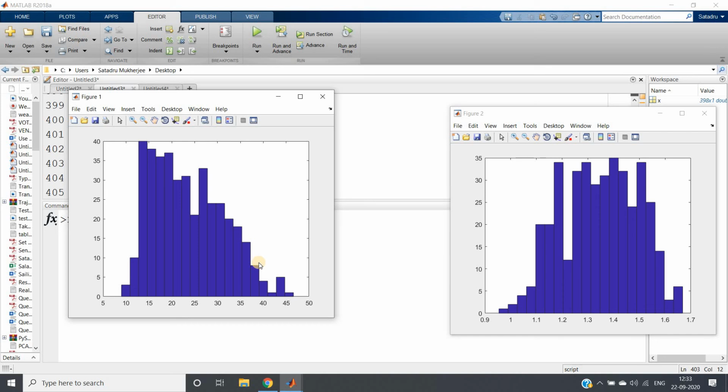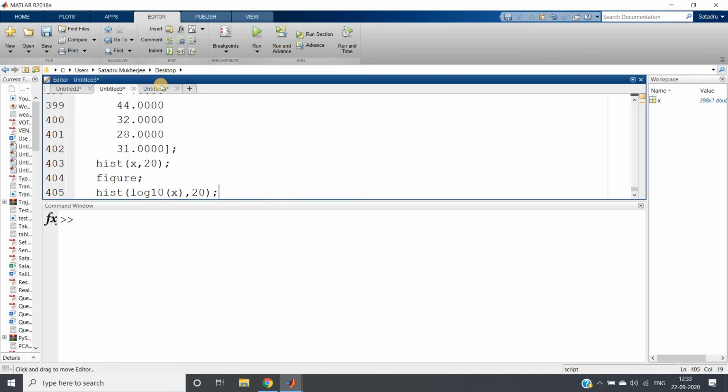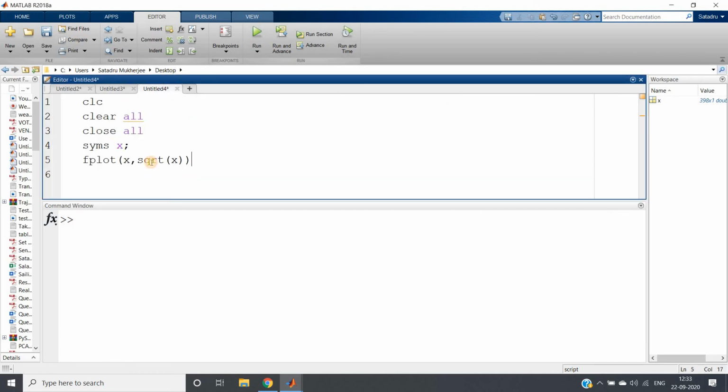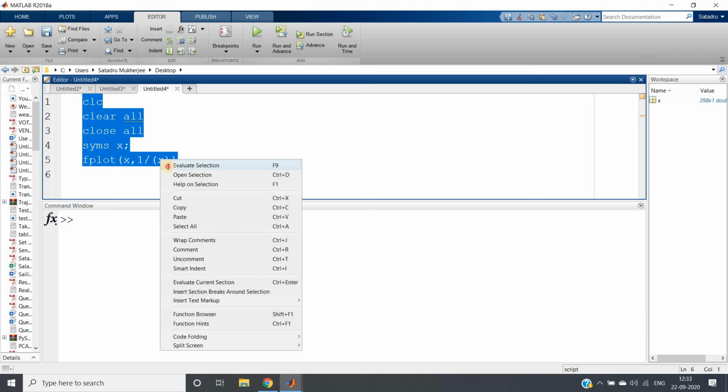Why have I done this? I told you we can take log 10 or square root because for this kind of graph we have seen the property that it compresses the higher values. Similarly, one more function is 1 by x, that is the reciprocal function.